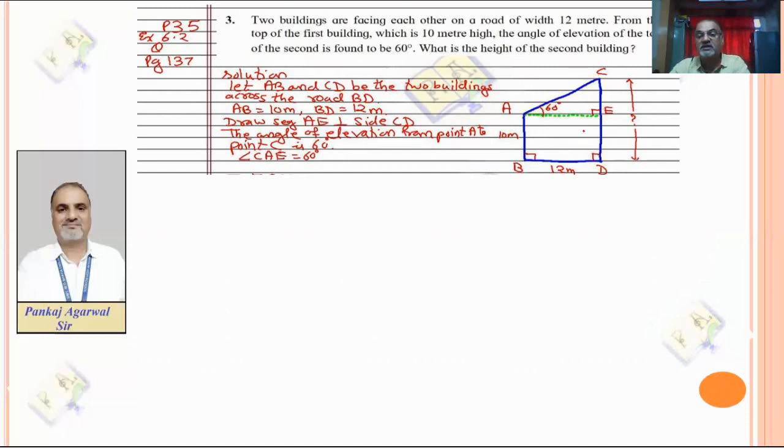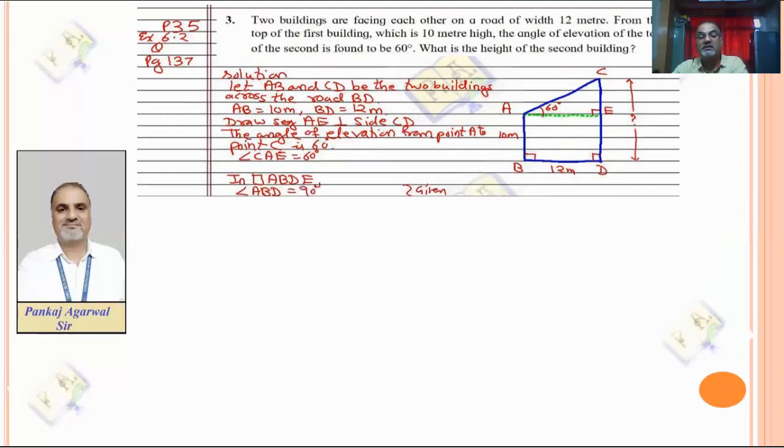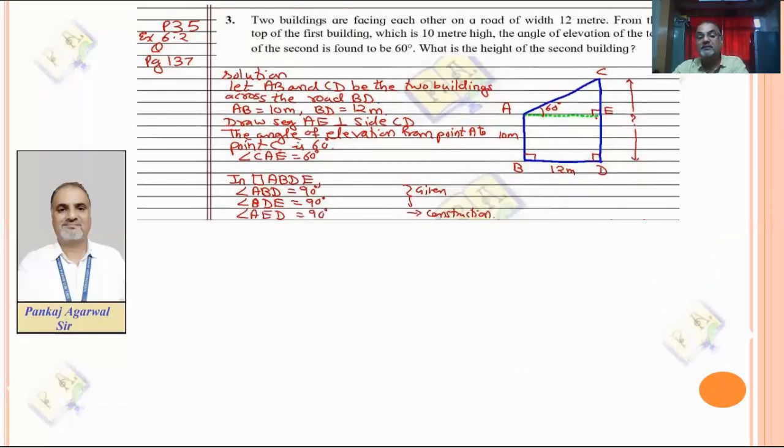Now, in such kind of question, first we need to prove that quadrilateral ABDE over here is a rectangle. So, in quadrilateral ABDE, measure angle B is 90 degree. Measure angle D is 90 degree. Both are given to us as 90 degree. Angle E becomes 90 degree because of construction we did.